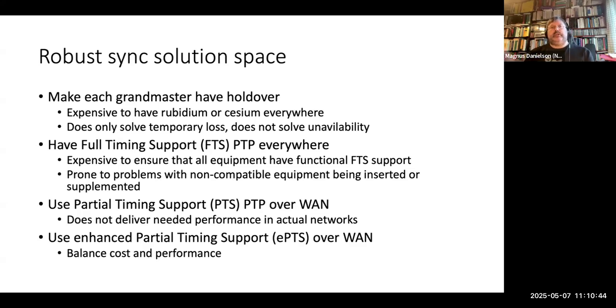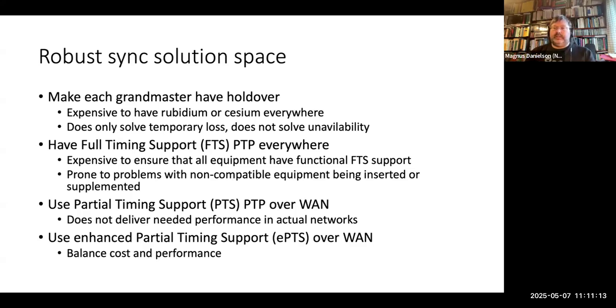But the trouble is you only get so many days of it, and it only solves temporary loss. It does not really solve unavailability. We have even seen jamming situations that go on for years. So depending on where you are, it does not really solve your problem.